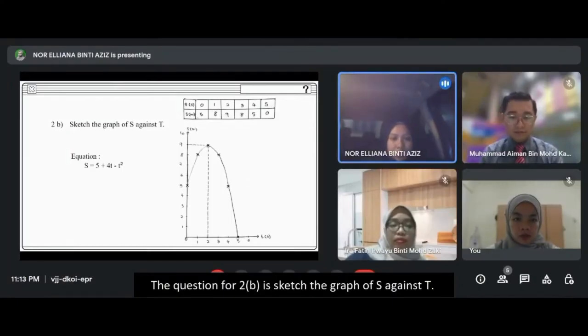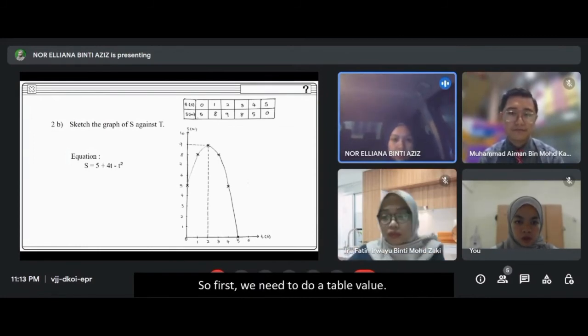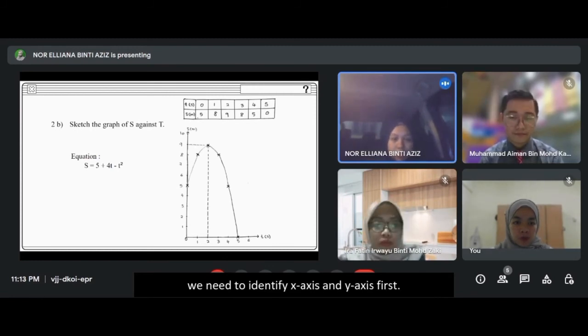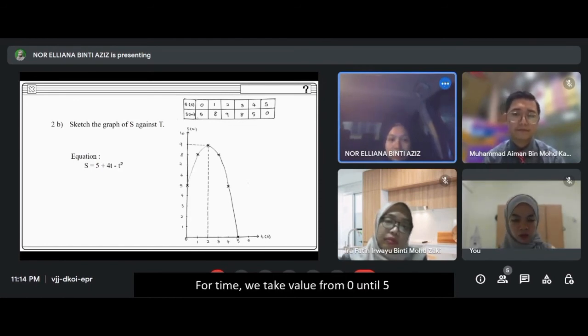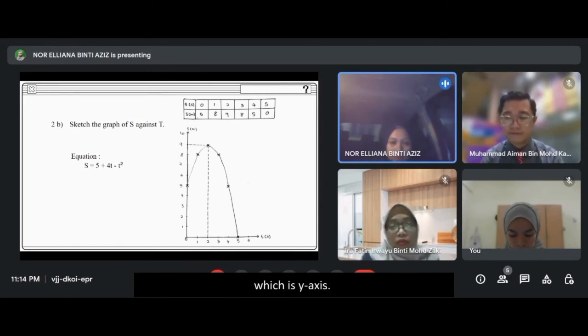The question for 2b is sketch the graph of s against t. First we need to do a table of values. We need to identify the x-axis and y-axis. Here, t represents time on the x-axis and s represents distance on the y-axis. For time, we take values from 0 until 5 because usually we use 6 values for finding the value of s.